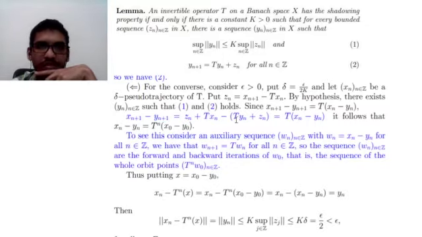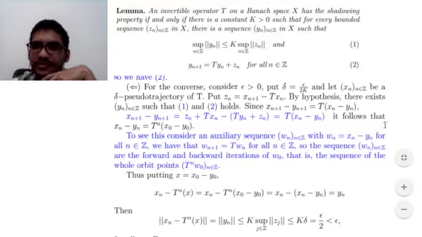You can see it in the lemma above. You make the substitution here, and the c_n minus c_n cancel, and you have T of (x_n minus y_n). So this is true.